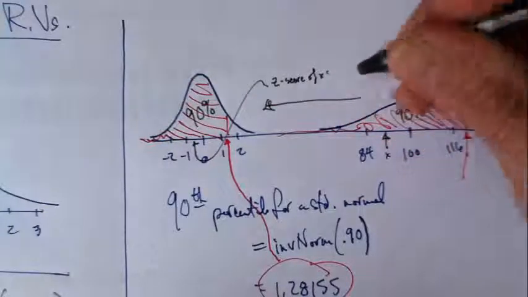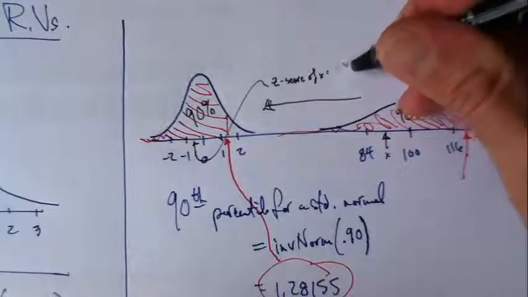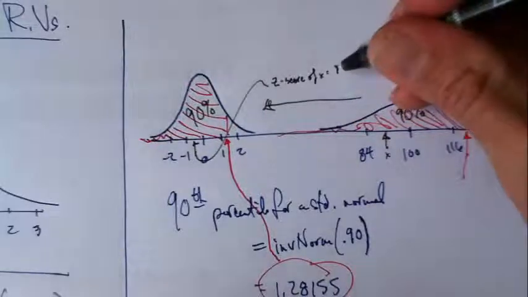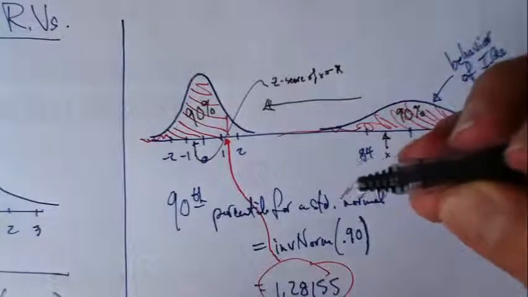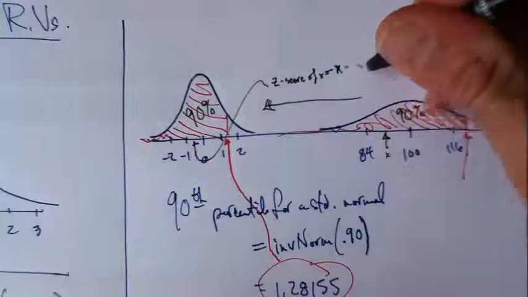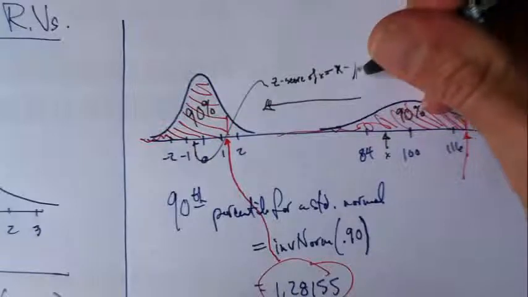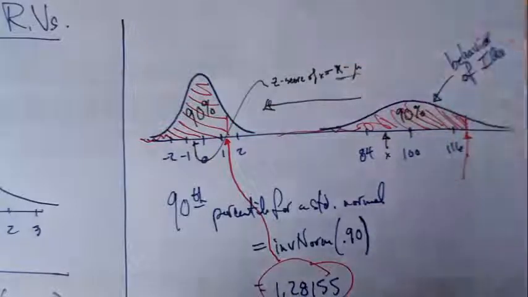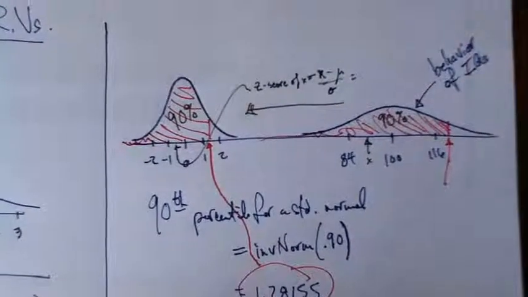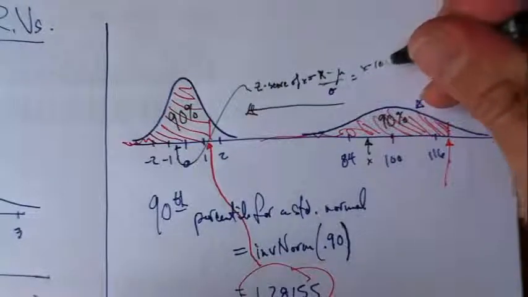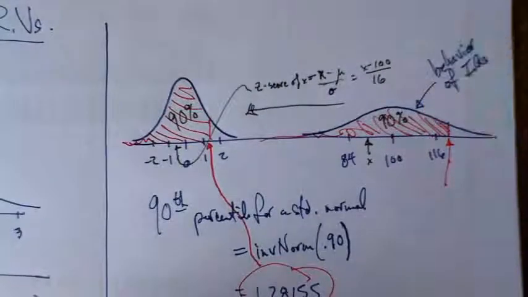If I take x minus the mean, which is 100, divide by the standard deviation, this is going to be x minus 100 over 16, right? That's how I'll get to that point.